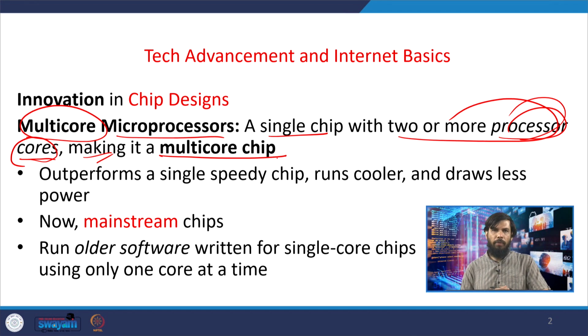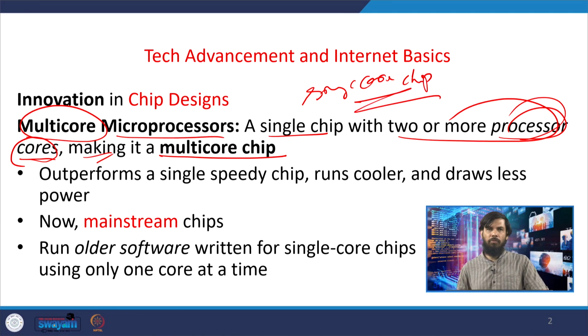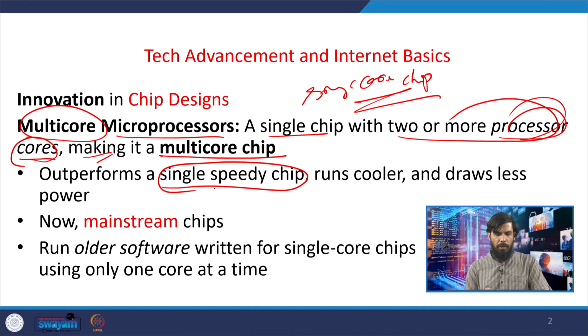So, we are moving away from single core chips to multi-core chips. Problems linked to single core chips we have already discussed. Now, the main innovation is moving towards multi-core chips. That is something that happened a long time back, and this multi-core chip actually outperforms a single speedy chip, right.